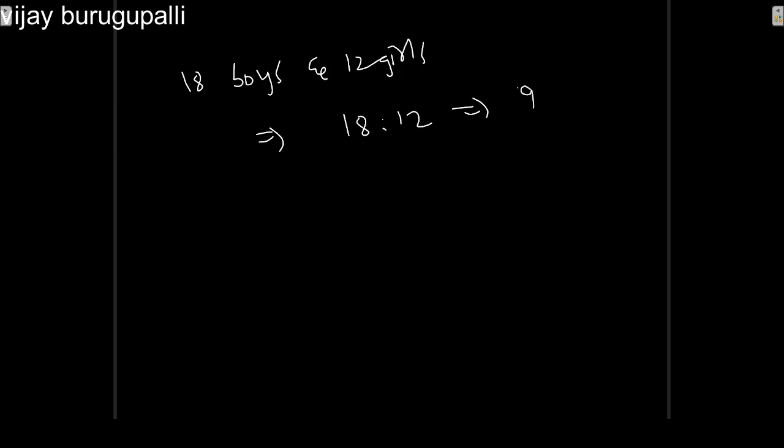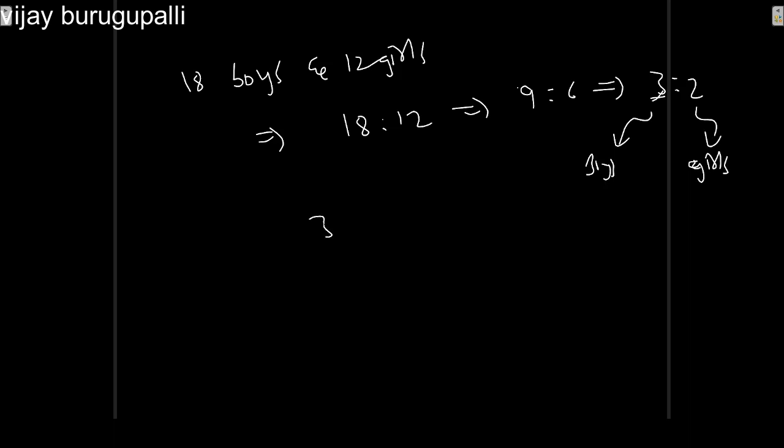Let's see another example. If there are 18 boys and 12 girls, the ratio can be given as 18 is to 12, which is 9 is to 6, which can again be written as 3 is to 2. In this case also we got the ratio as 3 by 2, which does not mean that there are only 3 boys and 2 girls.